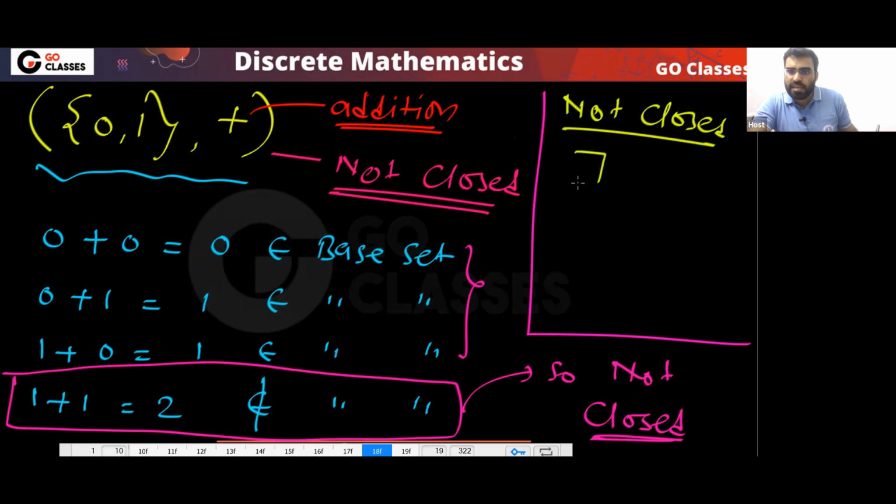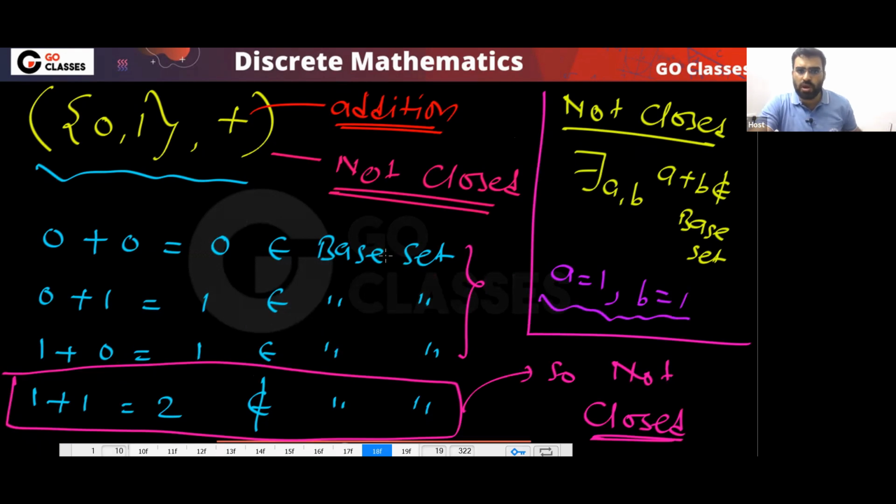Not closed because there exist A comma B such that A plus B does not belong to the base set. And what are those A comma B? A is 1, B is also 1. So you have two elements 1 comma 1 such that A plus B does not belong to the base set.